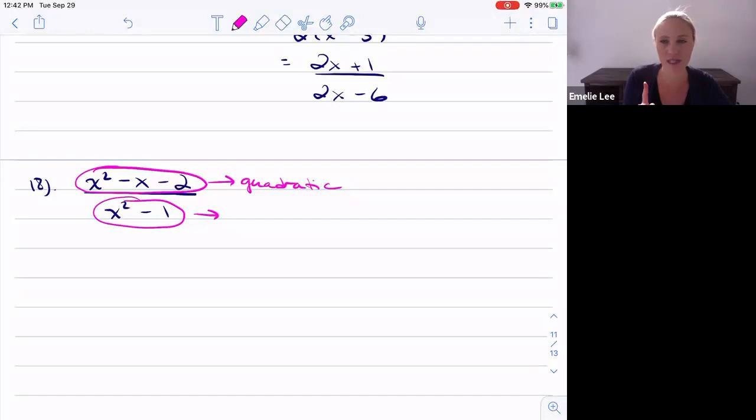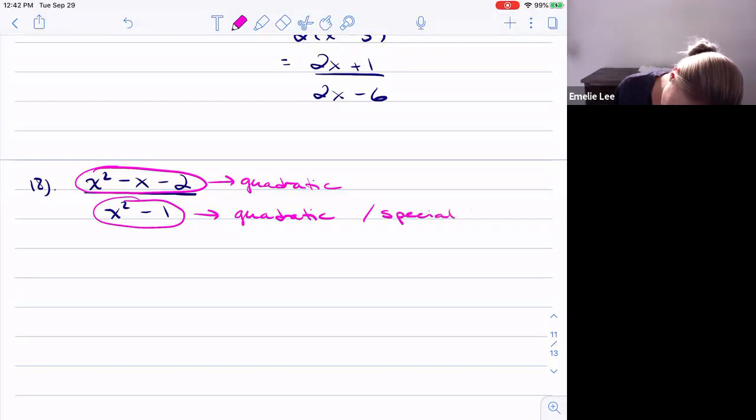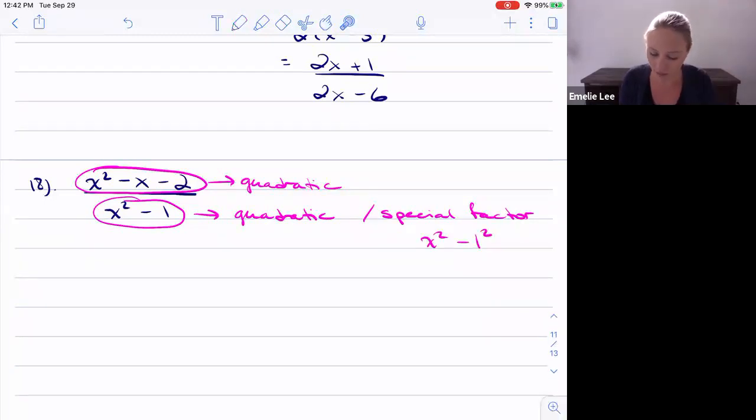So the x squared minus 1 is a quadratic, but it's also a special factoring one, right? x squared minus 1 squared, you could treat it like that. I'm going to use the quadratic just to show you what it looks like when b is 0, right?